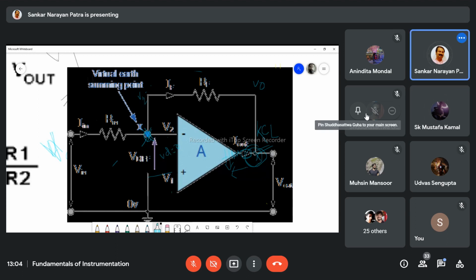Virtual ground, this is 0 volt, and this is input voltage Vin. Now the current here will enter this way, V0 minus 0 by RF. This is the output current, and there is the input current. Vin is definitely high voltage, and this is 0, so current flows from high to low through R.